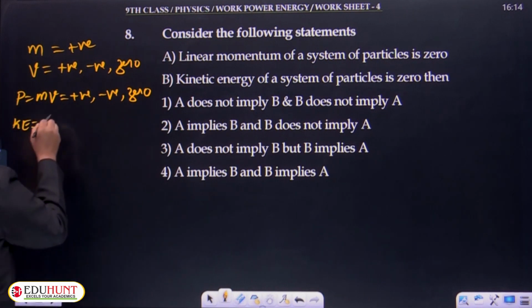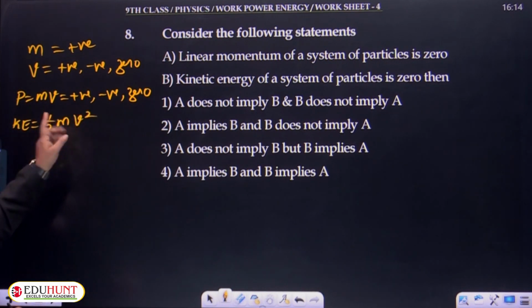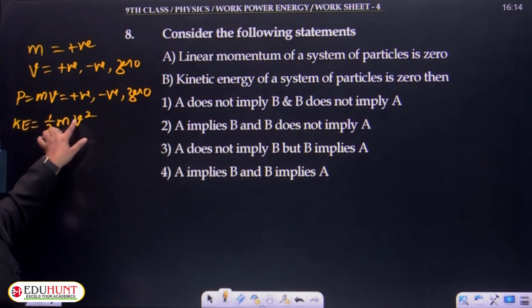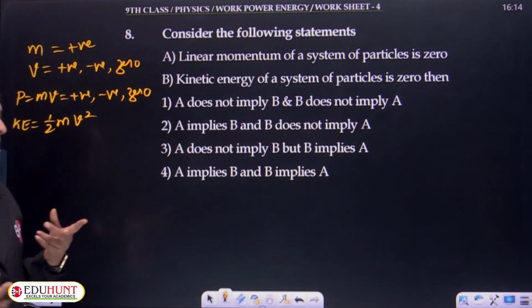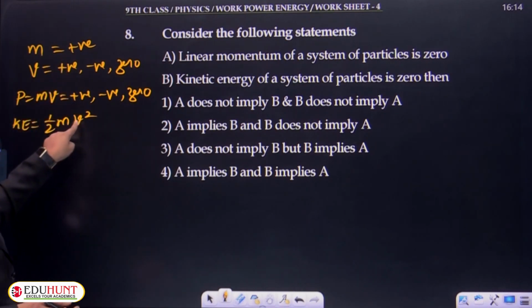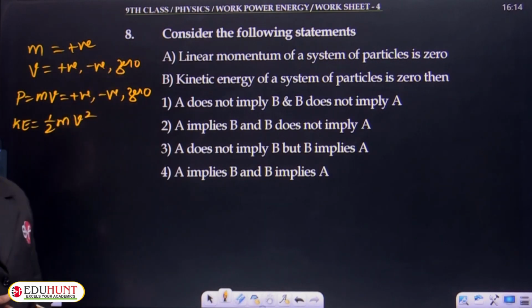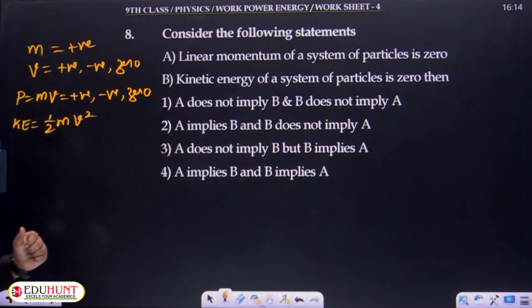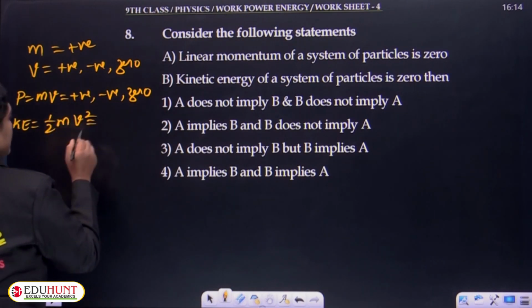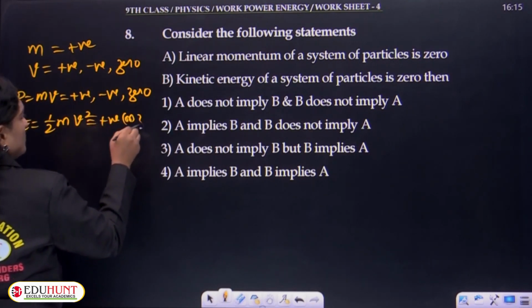The formula for kinetic energy is half mv square, so kinetic energy can never be negative. It only takes two values. If v is positive or 0, but never negative. Even if you take minus v, that will be v square only, positive only. So, kinetic energy will give either positive values or 0.